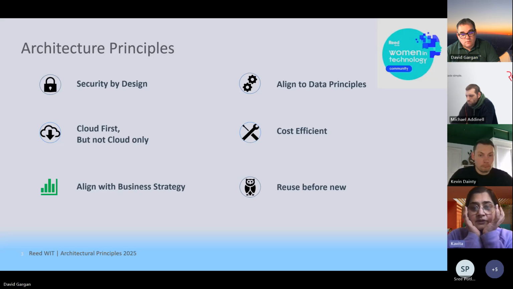Yeah, cost efficiency is critical, right? Cost is a key consideration. When you go to review boards with a new technology solution, cost plays a critical part. And they're all interdependent, each of these principles.